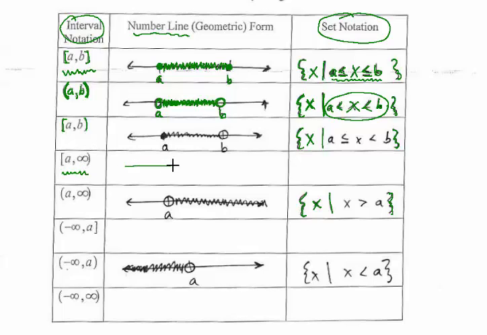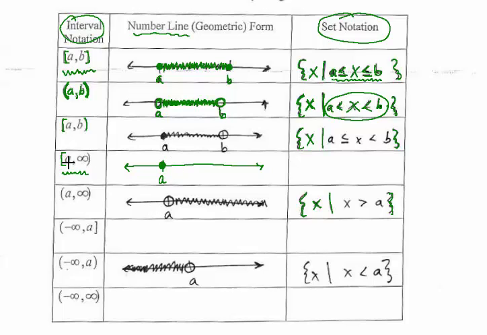So we would write this on a number line by first drawing a horizontal line. We would locate A, okay, and it could be anywhere. We don't know exactly what number it is, so we just place a tick mark and we label it with an A. And then the A had a bracket beside it. So on the number line, we put a solid dot in the place of A.